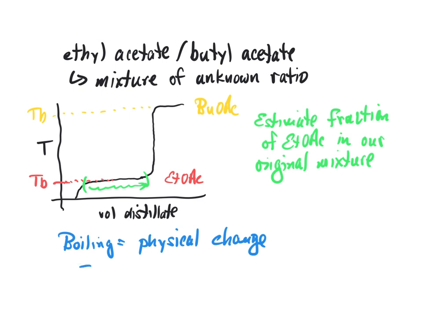And so we have to remember, in a physical change, there's no chemical reaction, so we don't have to worry about that in our pre-lab. And therefore there's no mechanism, so you don't have to worry about that as part of the pre-lab.